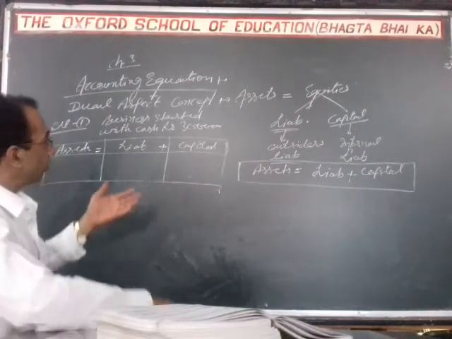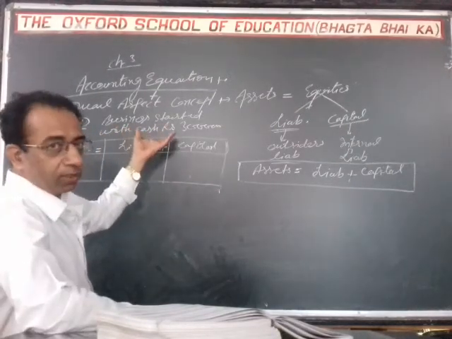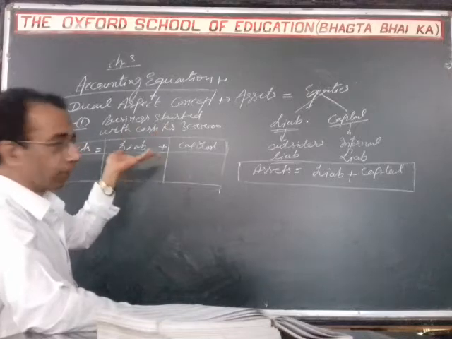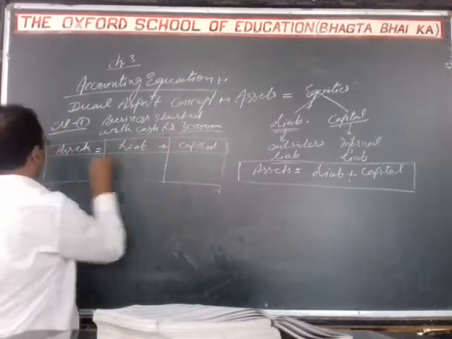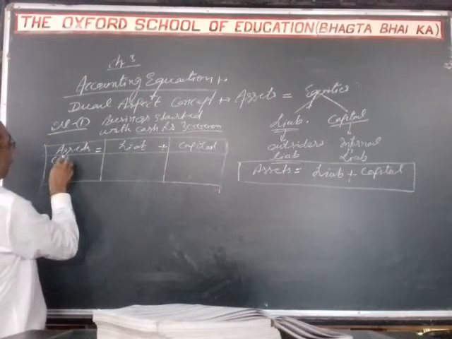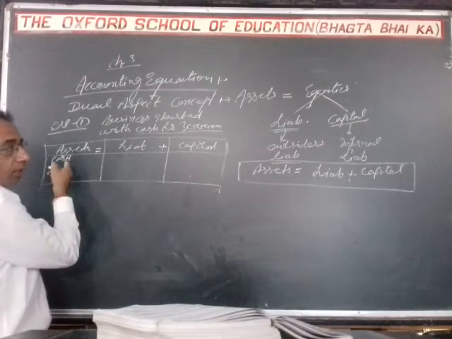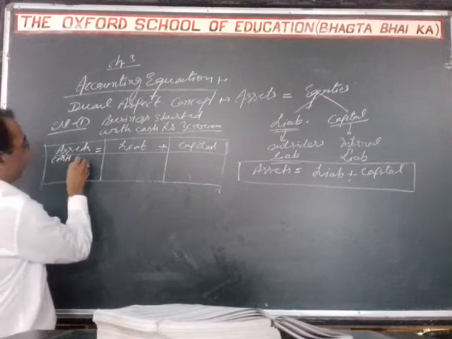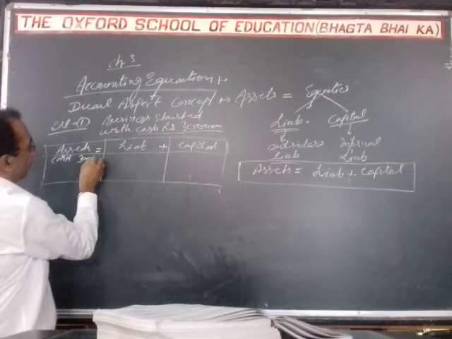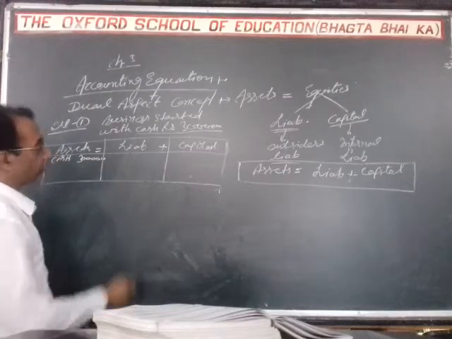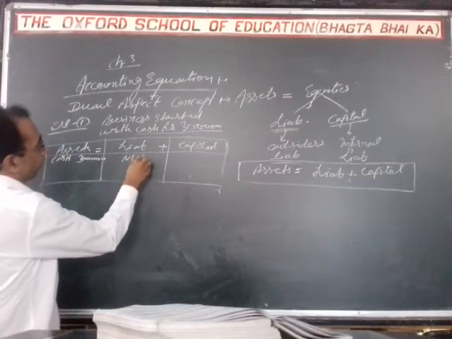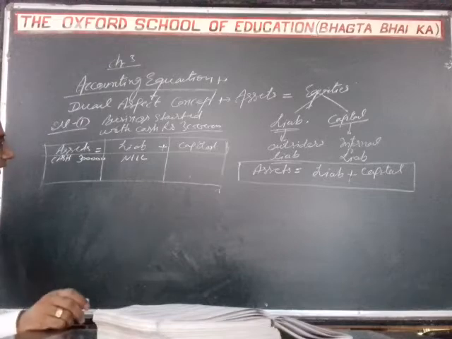So the amount of transaction we have to put in this box. Cash is an asset, so that's why it will be put on the asset side. So cash 3 lakh. In the first transaction there is no liability, so the amount of liability is nil.